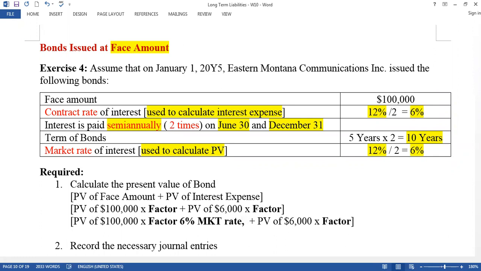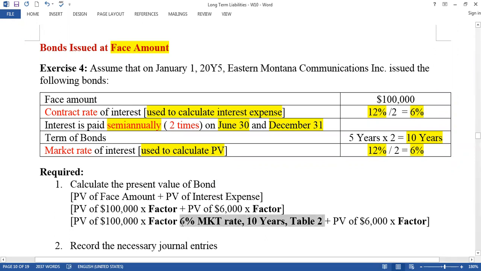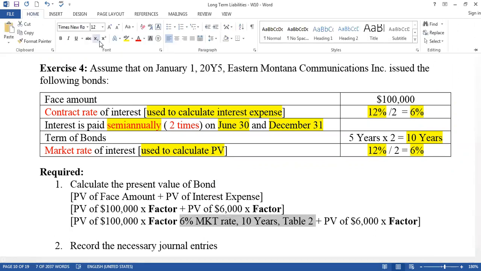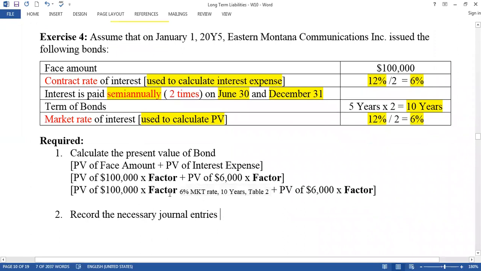Then we need 10 periods, and we need the table. These are the factors, and we should understand how to get the number. To calculate the factor, we need the market rate and the time period.